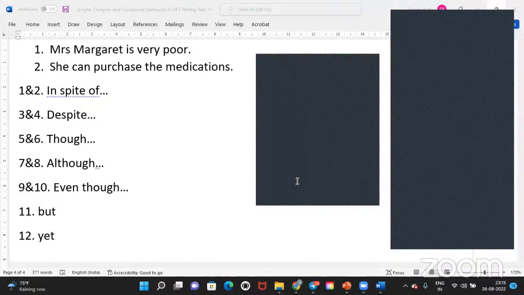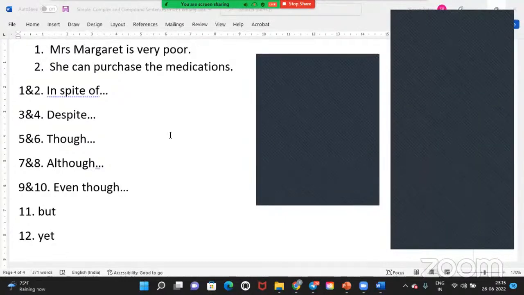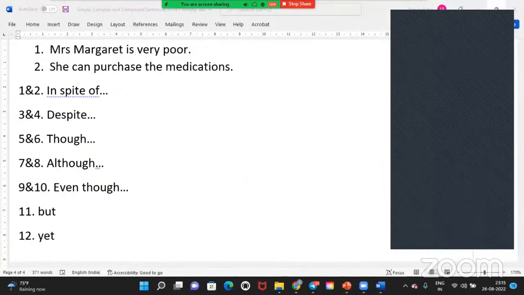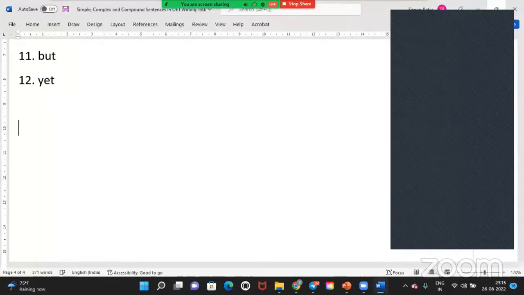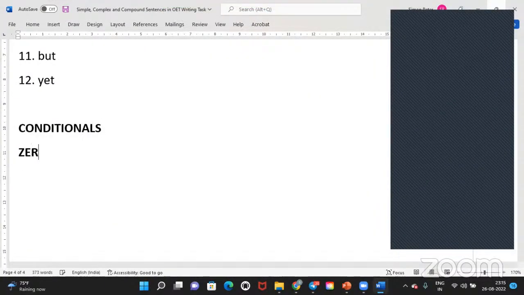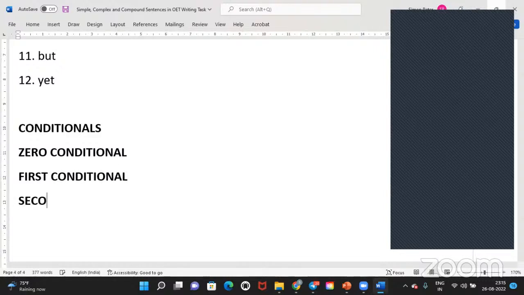The point is, next session will be conditionals. Tomorrow's session will be conditionals. Okay, conditionals. What conditionals? Zero conditional, then first conditional, then second conditional, then third conditional.